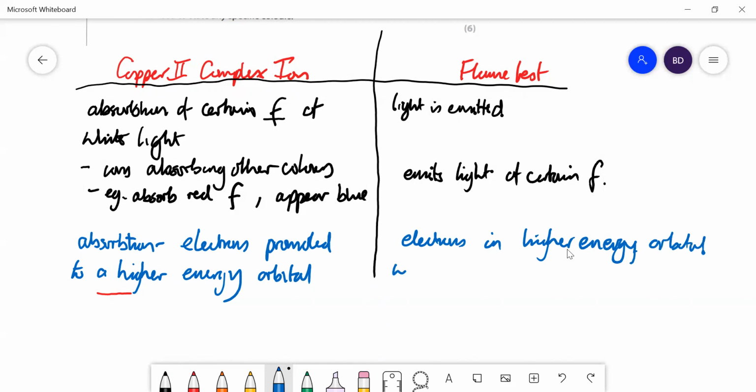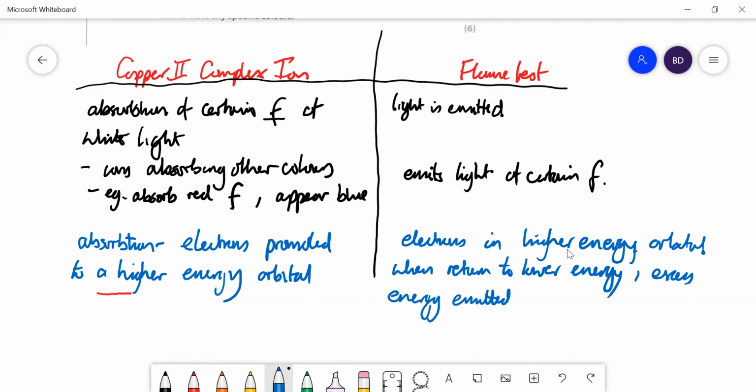And when they return to the lower energy, the excess energy is emitted as light. And you might want to mention the energy is given by the equation E is equal to Planck's constant h multiplied by the frequency.